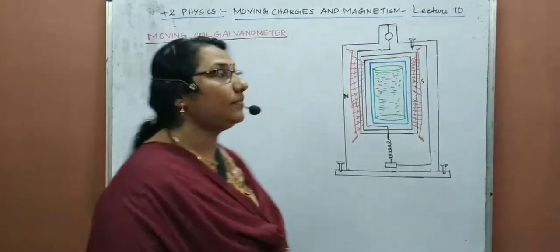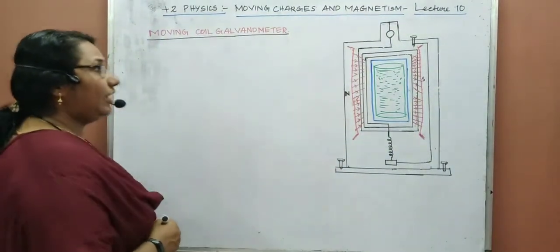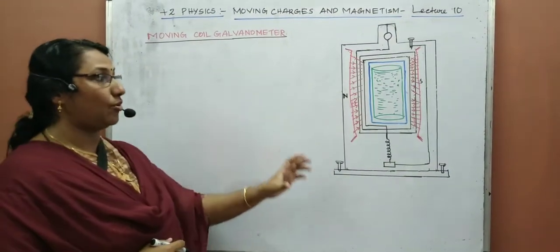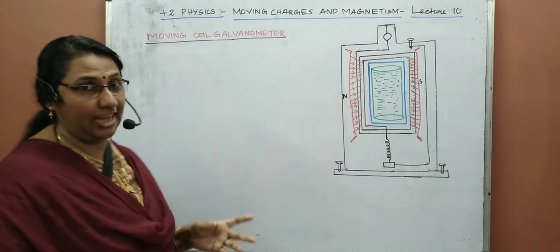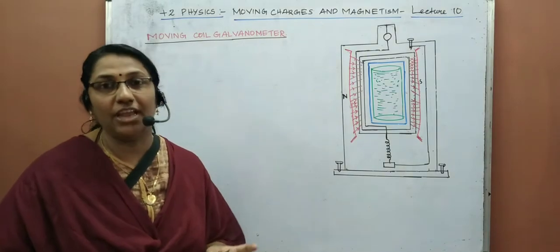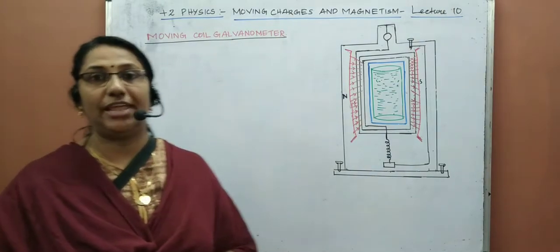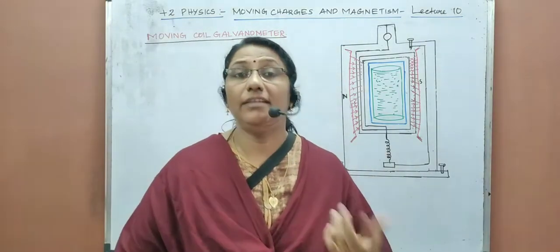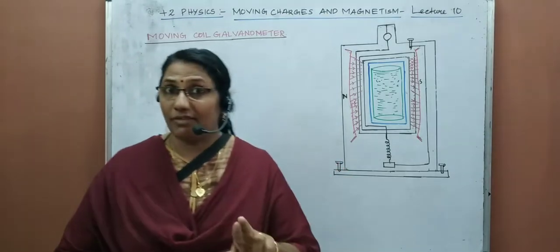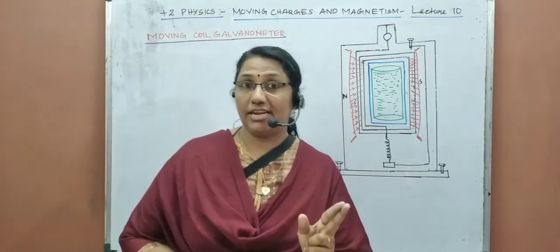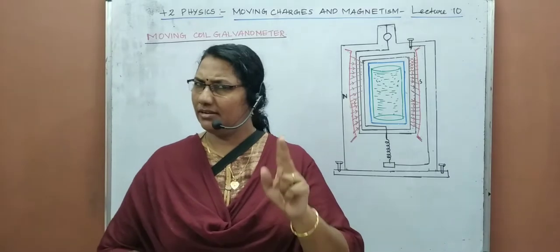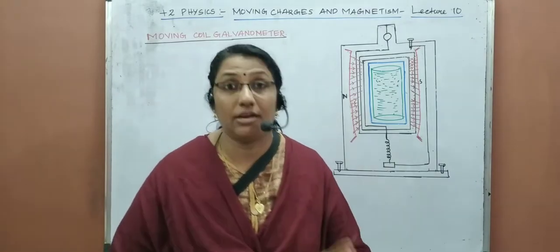So today, on the board there is a figure named moving coil galvanometer. Today we have to discuss a device, the second device in this chapter which we have to study in detail. Which was the first one? Yes, you have said it was cyclotron.